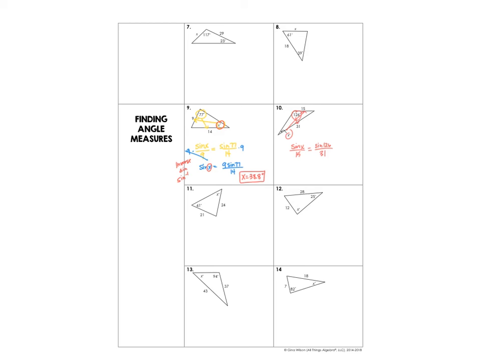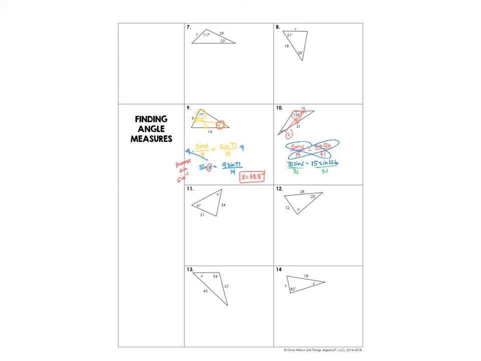We can cross multiply. 31 times the sine of x equals 15 times the sine of 126. Okay, get rid of that 31. And we have the sine of x equals 15 times sine 126 divided by 31.